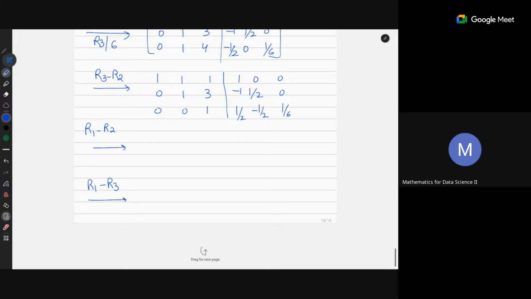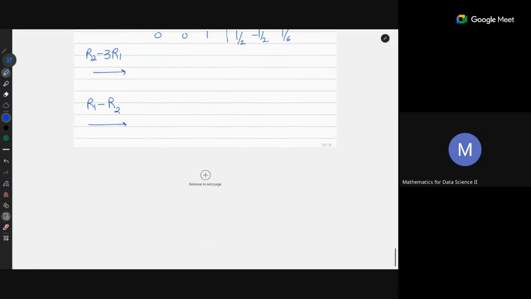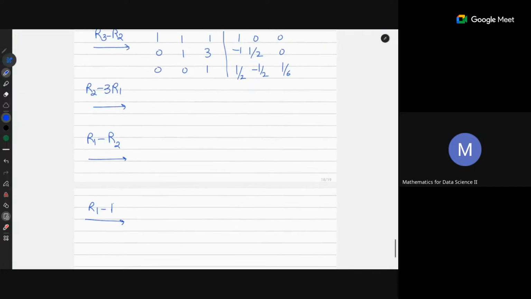Okay, let me first do R2 minus 3R1, and then R1 minus R2, and then I will do R1 minus R3. Okay, I will see what I get.